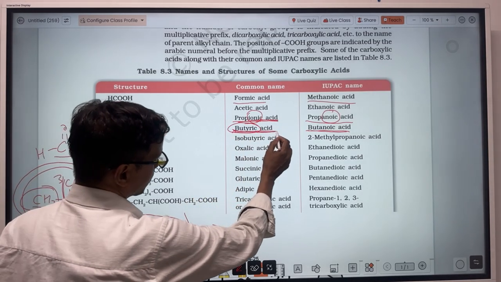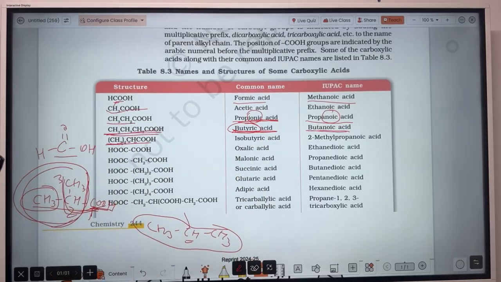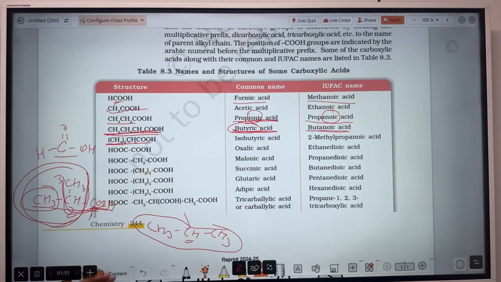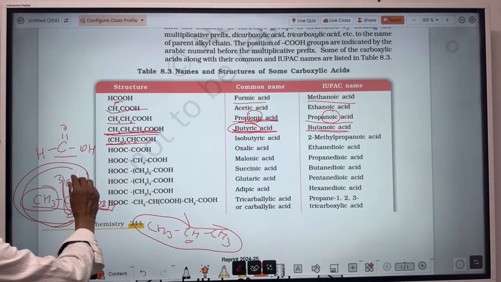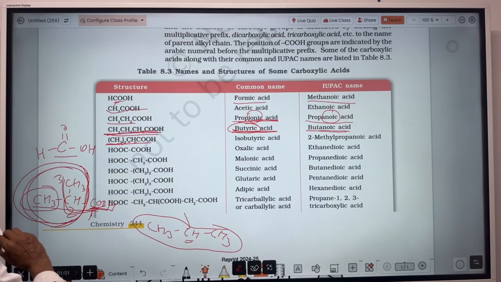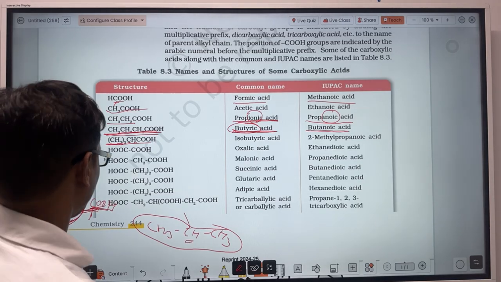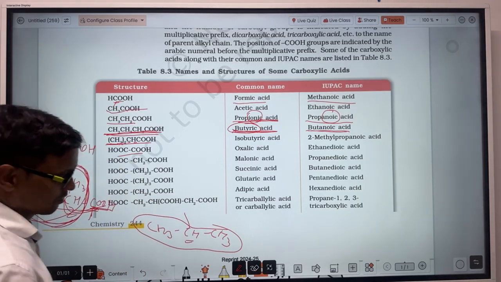Butyric acid means normally the COOH group is bonded to a straight chain. Here the total number of carbon atoms is 4. So butyric acid and isobutyric acid, because here there is an isopropyl group. This one is isobutyric acid.